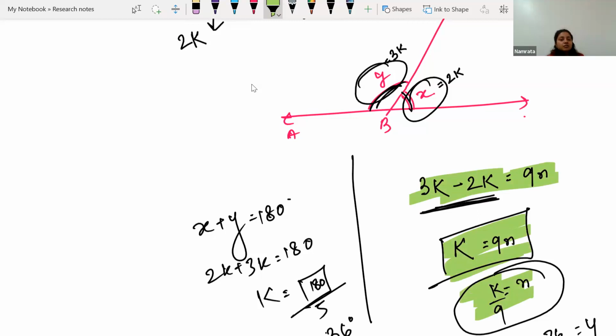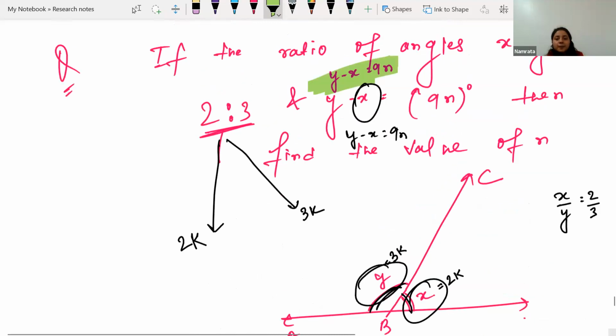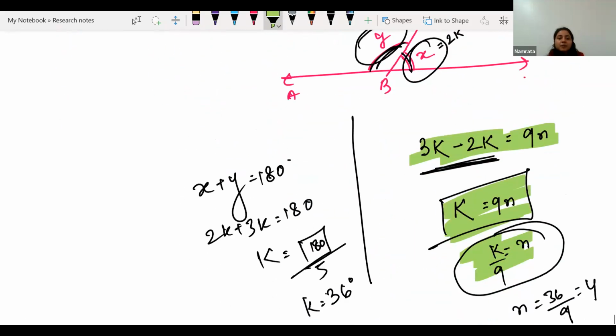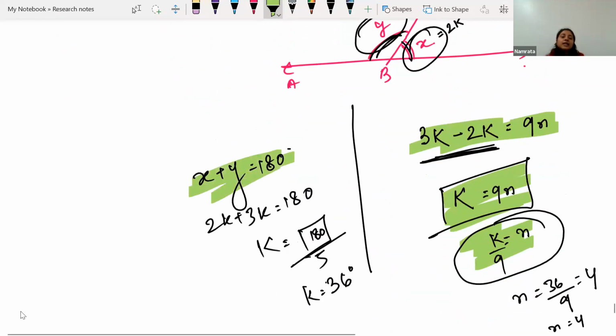So now our main focus is on finding the value of k. How will we find the value of k? We get one more equation from the given figure, that is x plus y equals 180, linear pair.